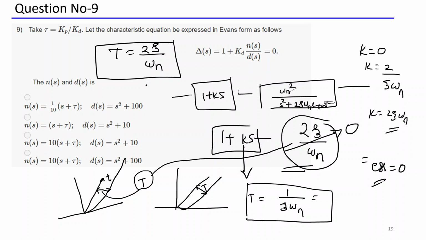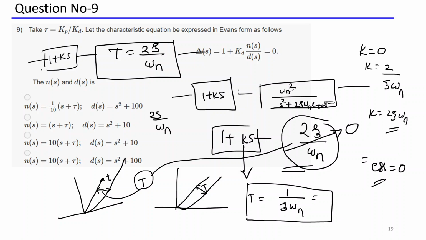So now here they are adding this 1 plus ks term to make your steady state error equal to 0. So here they're adding some k, 1 plus k into s, to make the steady state error equal to 0. It means this 2 zeta by omega n they want to nullify. Are you sure that they're adding this 1 plus ks term?